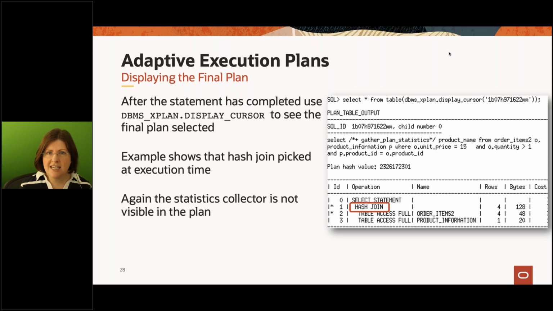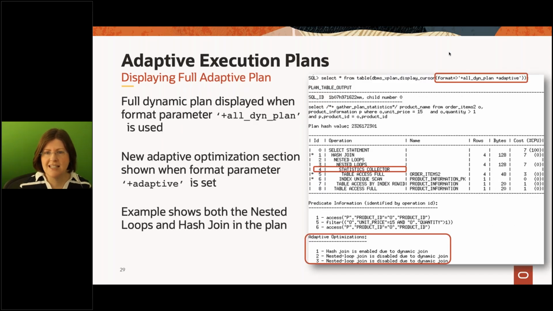If I want details about adaptive plans, then I'm going to take advantage of the format parameter on DBMS_XPLAN.DISPLAY_CURSOR. I can add additional parameters to the format. Remember, that's a super powerful parameter at your disposal that shows you a lot more information about your execution plan. I can add 2 new parameters to that.